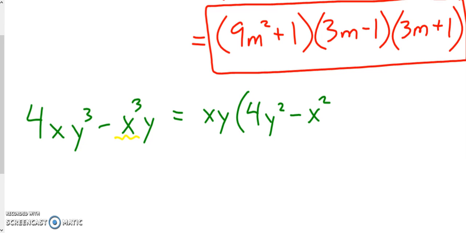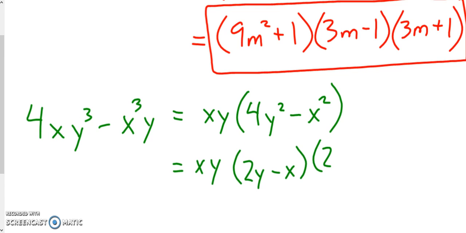And if I take a y out of y, the y will be gone. So it now sits as xy times 4y squared minus x squared. Well, if you notice, this baby right here is the difference of two squares. So just like everything we've done so far, keep the x and the y. This will be 2y minus x and 2y plus x. And that's basically how the difference of two squares goes.